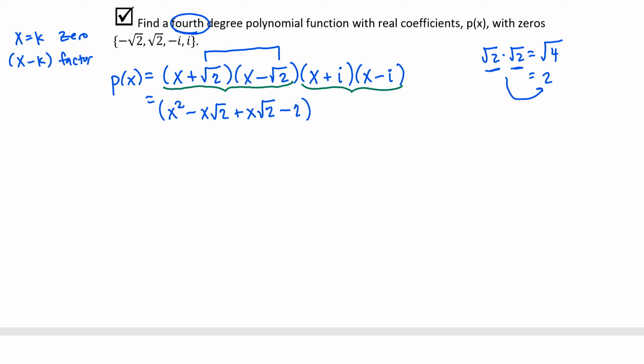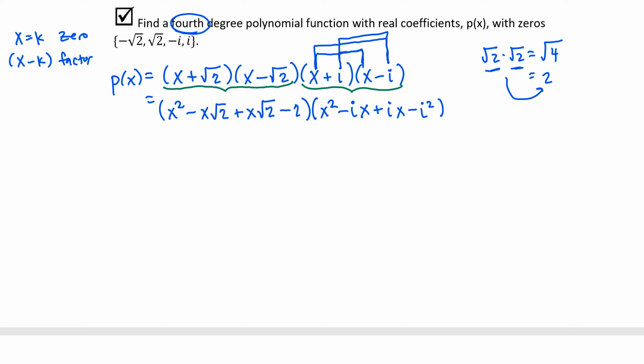Now let's work on the FOIL of our second pair. x times x gives us x squared. Outside terms, x times negative i, I'll just call it negative ix. Inside terms, we have plus ix. And last, i times negative i gives us negative i squared.